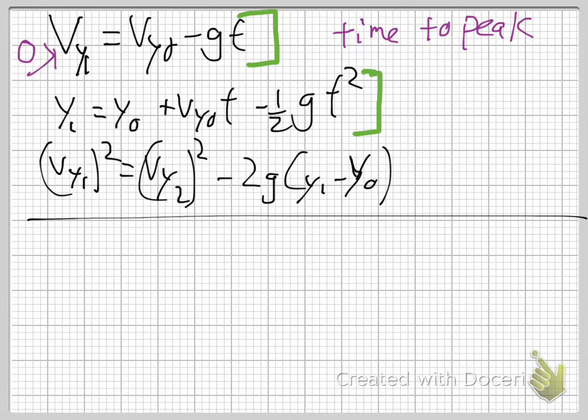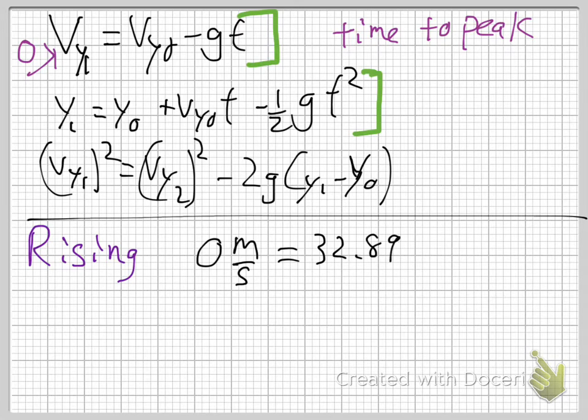And this whole part here is going to be the rising portion. Okay, so I already highlighted that equation. So 0 meters per second is equal to 32.89 meters per second minus 9.8 meters per second squared times t.